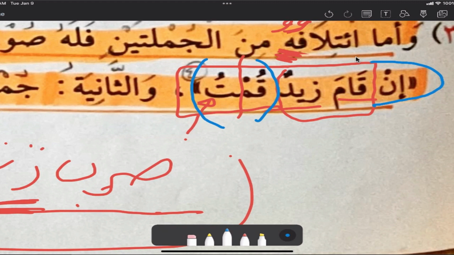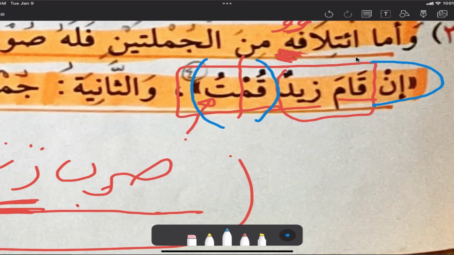In qama Zaydun qumtu. If Zayd stood, I stood. So now, that whole thing, in English, they will call that one sentence. That's called a complex sentence. It's one sentence, not two.